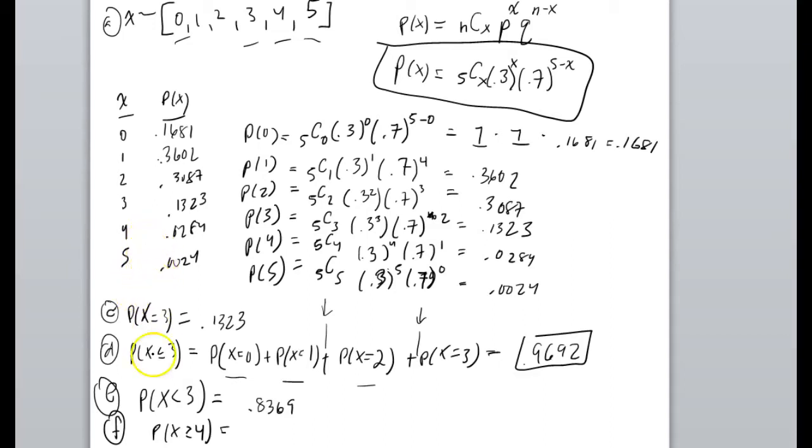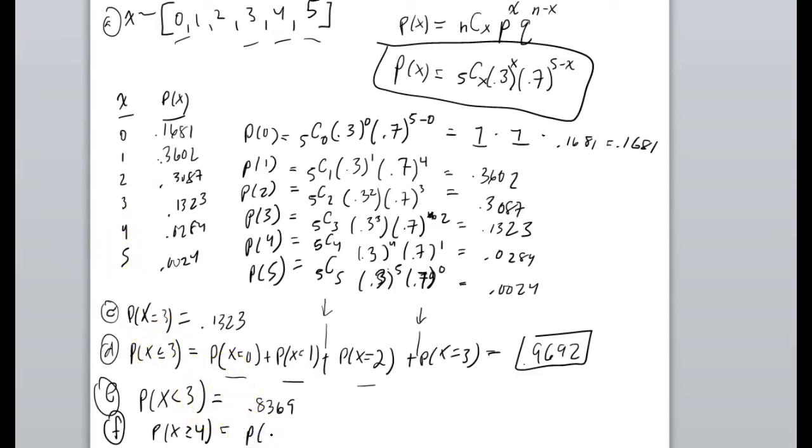Right, so if we're counting less than or equal to 3, we're counting 0, 1, 2, and 3. And if we were counting greater than or equal to 4, that would just be 4 and 5 that we're looking at. So we would just be adding those up.